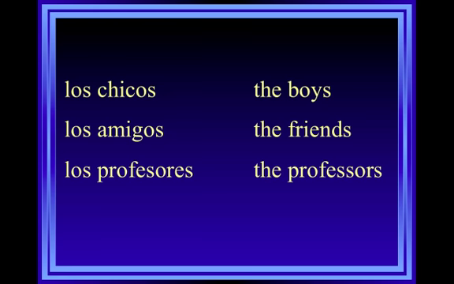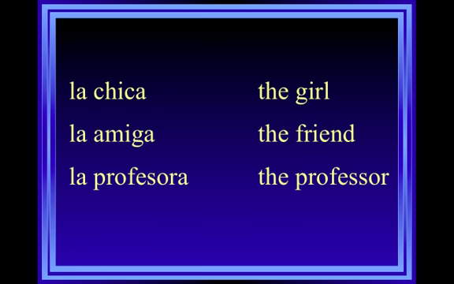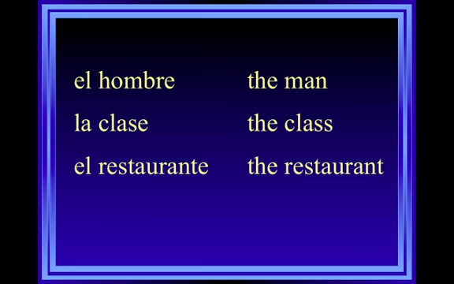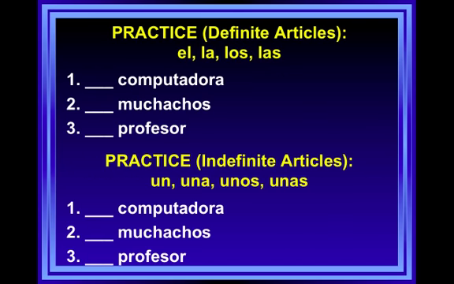Here we have the same nouns, but this time they're all plural. Here we have feminine nouns, and they're all feminine and singular. Now they're plural. And here we have our list of nouns that sometimes can be confusing because they don't end in O or A, and we have to just memorize. And now they're plural.